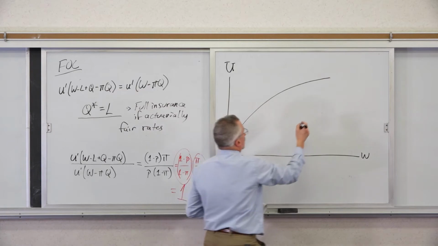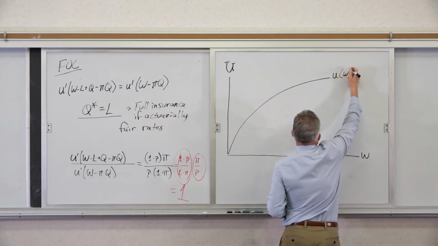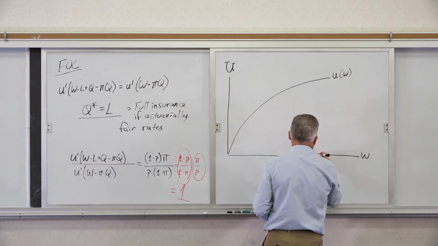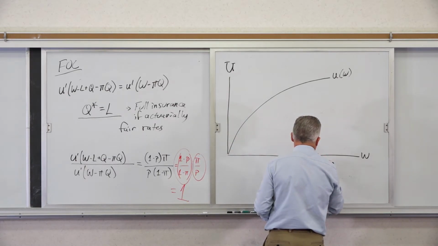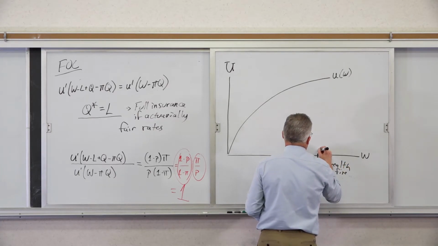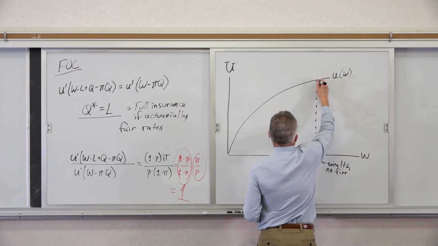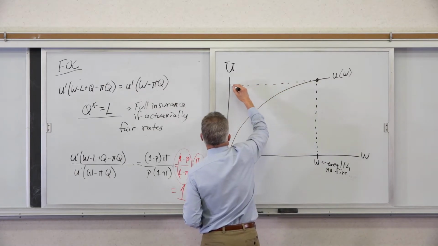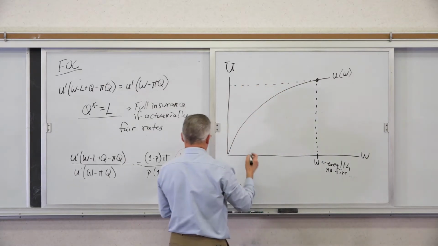There's utility of wealth. And here's the wealth if there's no fire. So this is their starting point. And that would give us this level of utility. There's U of W.